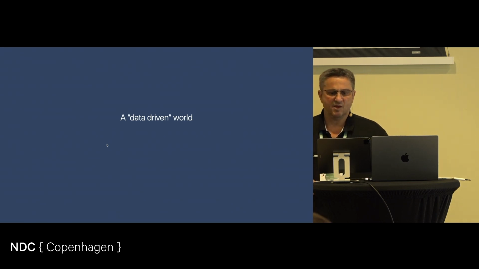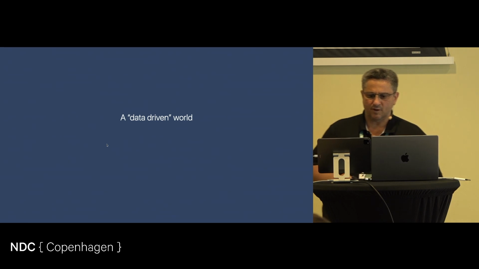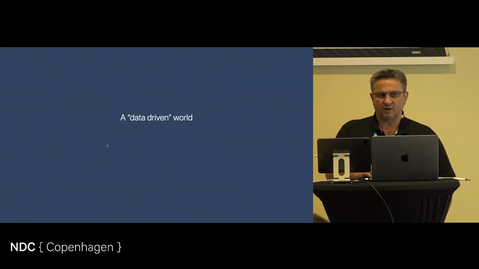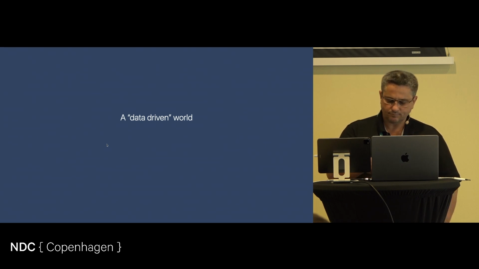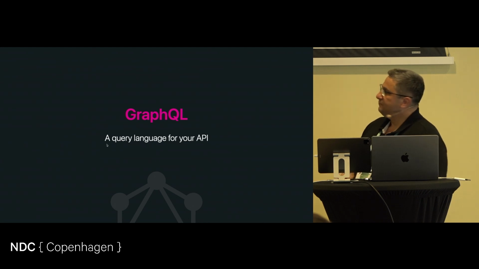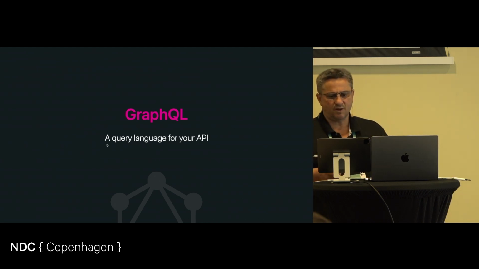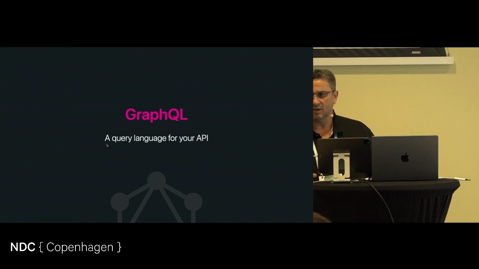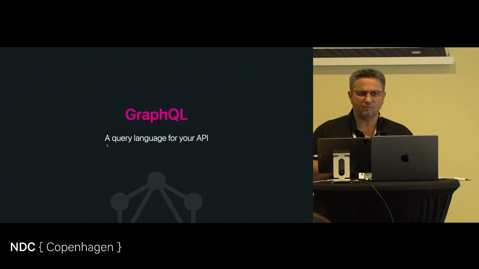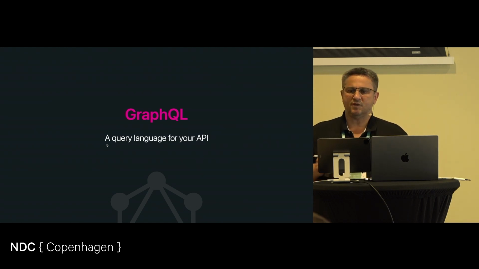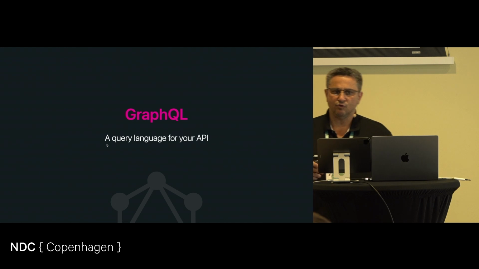At that point, experiencing this problem, not only me, the people from Meta came with the idea of GraphQL. What is GraphQL? GraphQL is a query language for your API. It was developed by Meta and publicly released in 2015. Then in 2019 it was moved into the GraphQL Foundation.